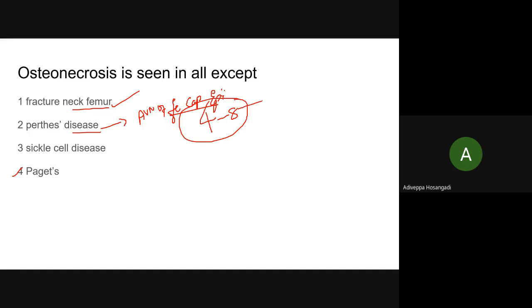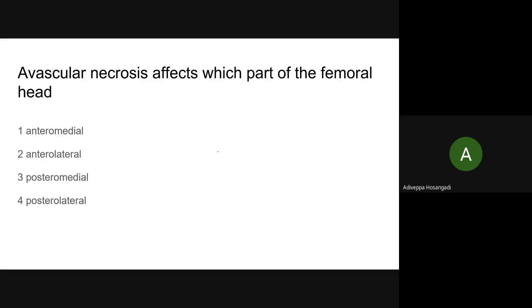Again, there is a vascularity problem, no doubt. Sickle cell disease is definitely because of thrombosis of the vessels, and it causes avascular necrosis. Either you do it by ruling out or you understand the pathophysiology. Then you will never miss your shot.